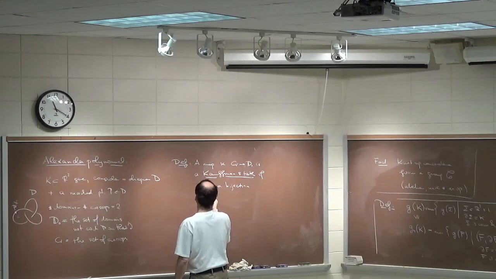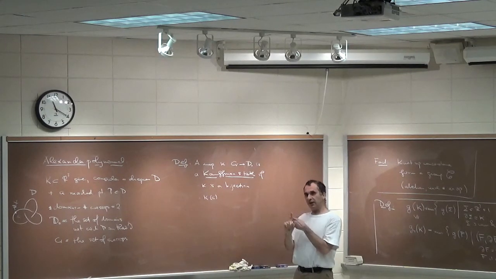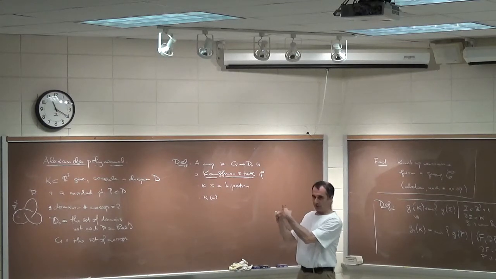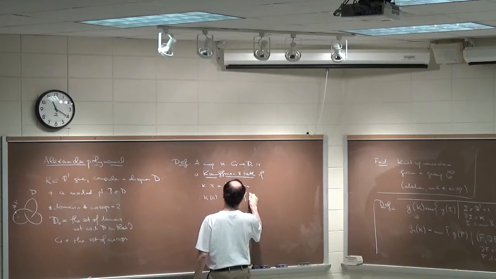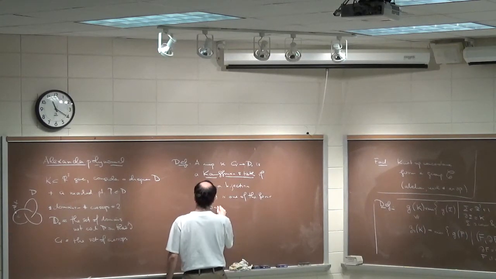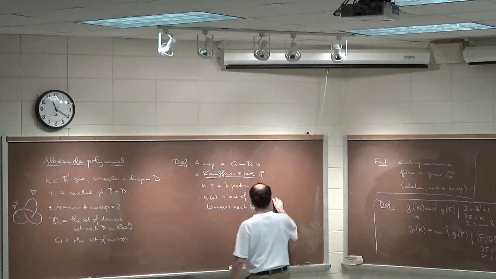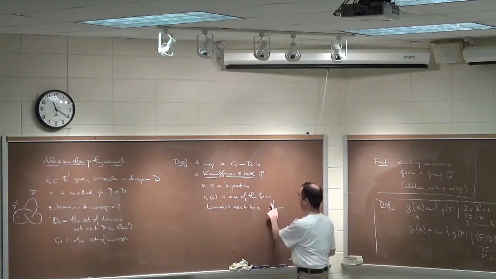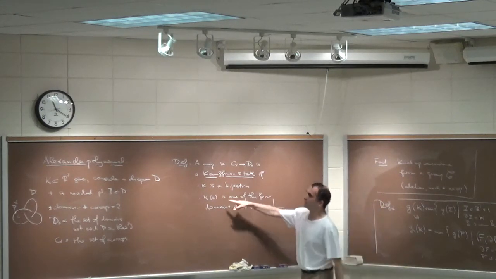And kappa of C, for a crossing C, is a domain which is close to the crossing itself, one of the four domains next to C. So C is a crossing, there are four domains meeting at that crossing, and we have to pick one of those.